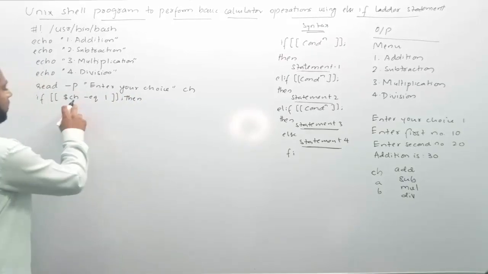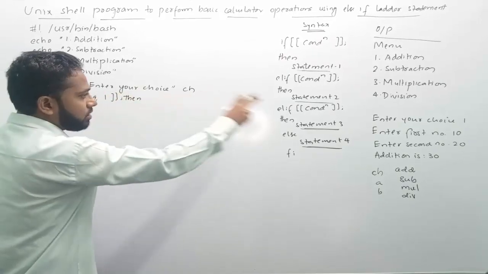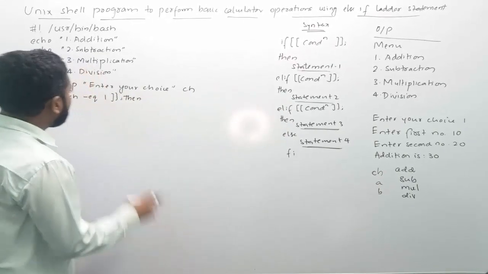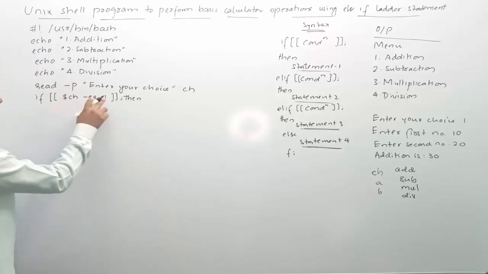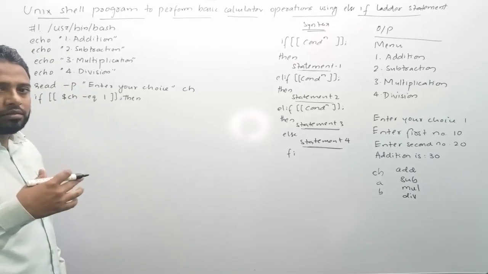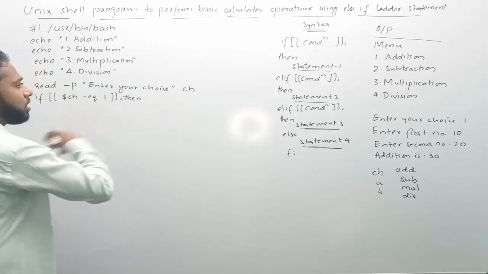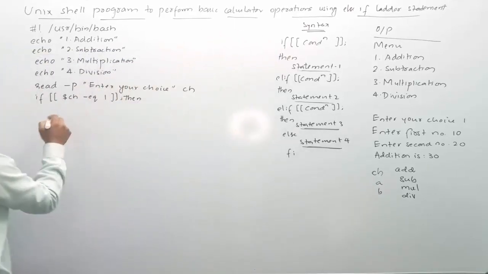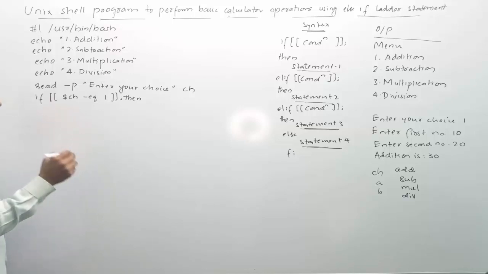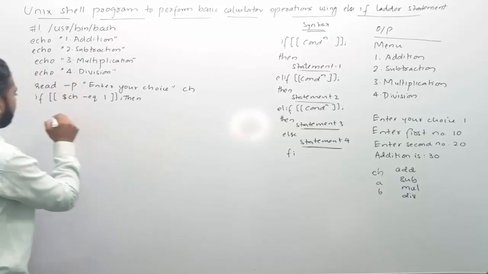Okay, if the value stored inside ch is 1, now I'm checking 1 is equal to 1. Yes, this condition becomes true, that's why control will come inside this if block. Now I must ask the user to enter two numbers.